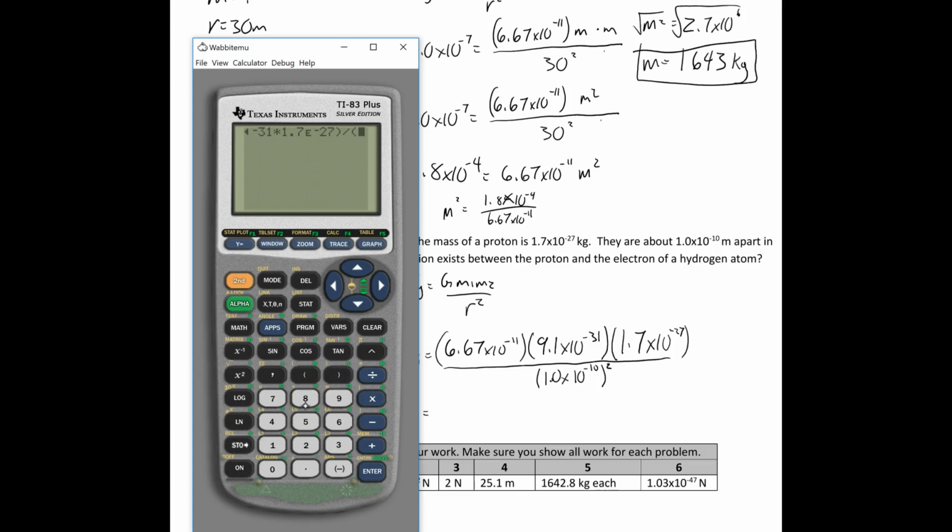Now, since we're going to square this guy, I like to put this like that, 1.0 E -10, close the parentheses, square it, close the parentheses for the denominator, equals 1.03 times 10 to the -47.